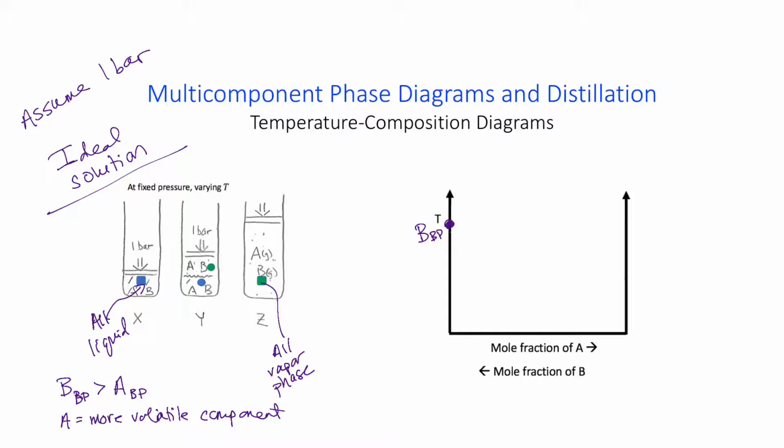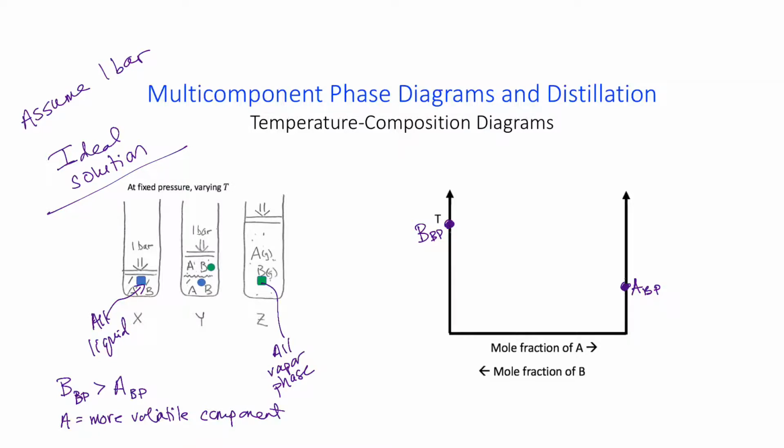It's our more volatile component. So when we have all A, that boiling point is going to be a bit lower. So we will say boiling point of A down here. Again, this is all approximate. If you have a specific solution, these would just represent your normal boiling points of each component of your mixture.